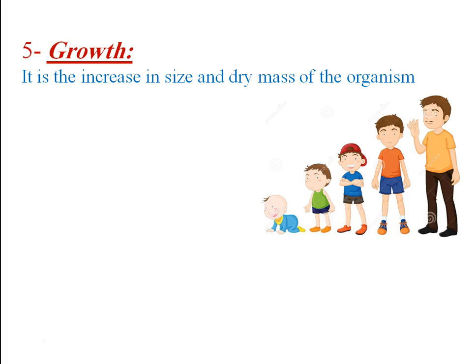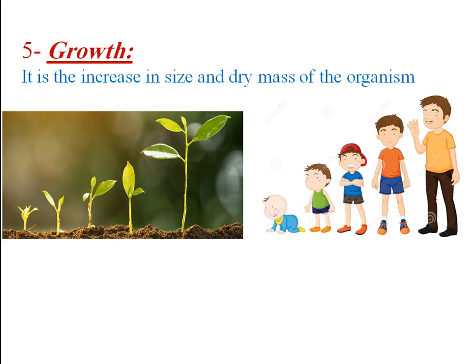If I soak a seed in water and it soaks up all the water, that's not growth. Growth is the increase in size and dry mass and sometimes in the number of cells of the organism. So a small plant can start to grow, make new cells and grow bigger, or an animal or a human will make new cells and grow bigger.